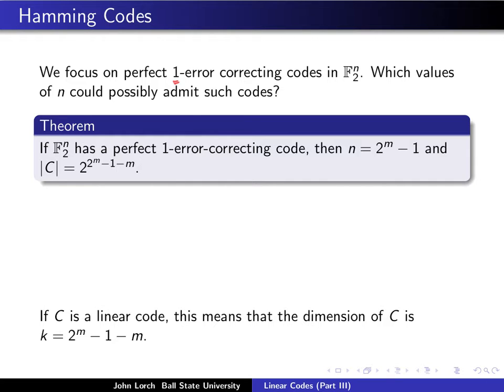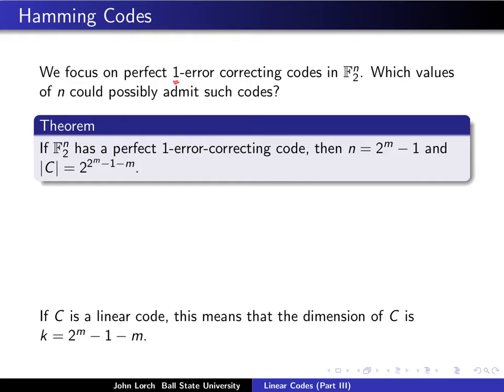So that's the point of this theorem on the slide. It says that if F2^n has a perfect 1 error correcting code, then n must be 2^m minus 1, and the size of the code is 2^(n minus m), that is 2^(2^m minus 1 minus m), for some whole number m.